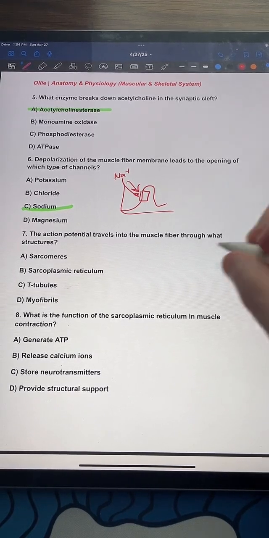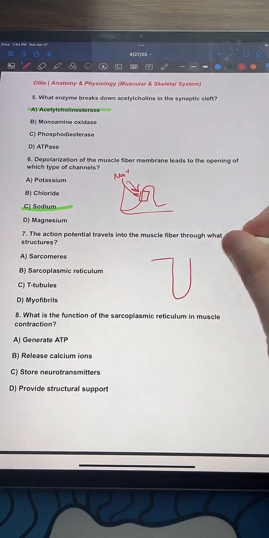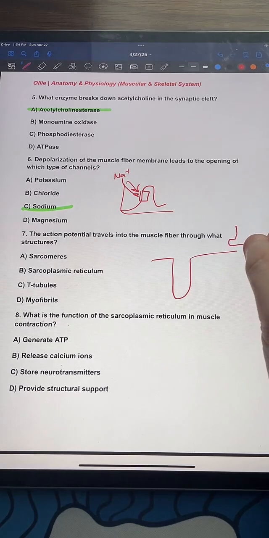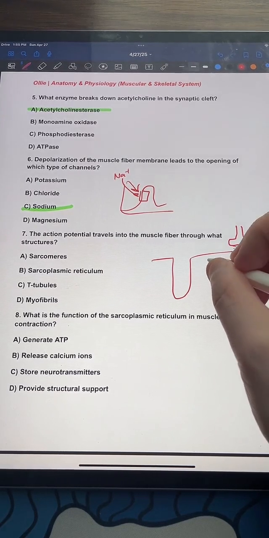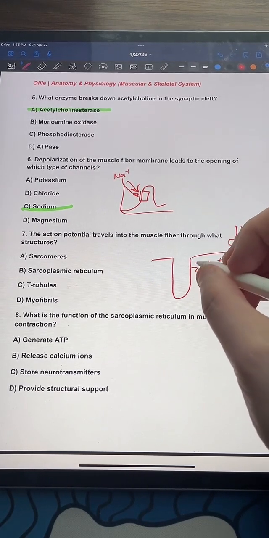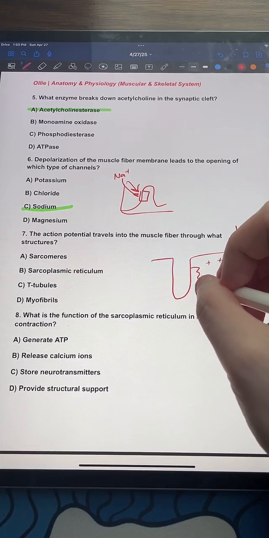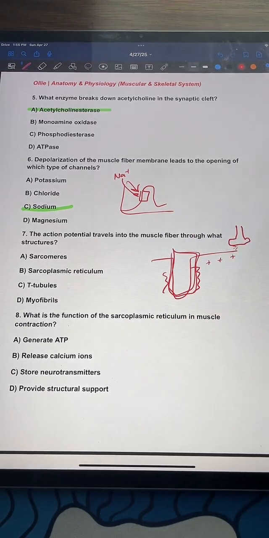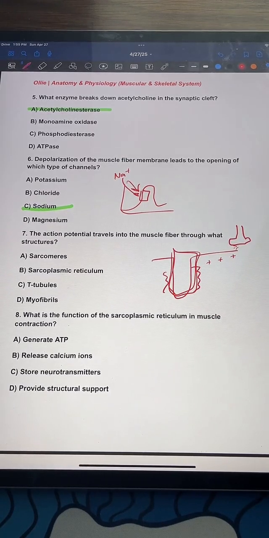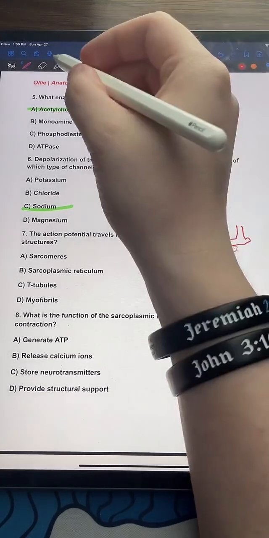We've had acetylcholine released, and then the action potential travels down. We have the sarcoplasmic reticulum, but what is this structure in particular called? This allows the action potential to travel deeper down into the muscle fiber. And the answer is C, the T-tubule.